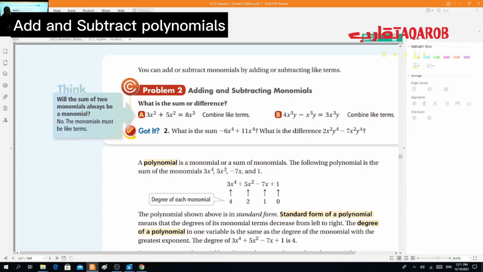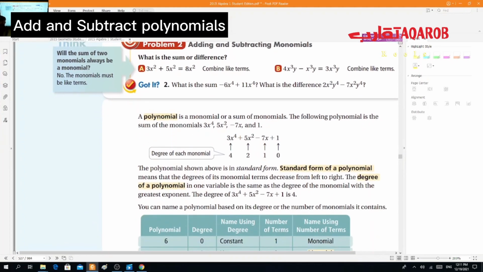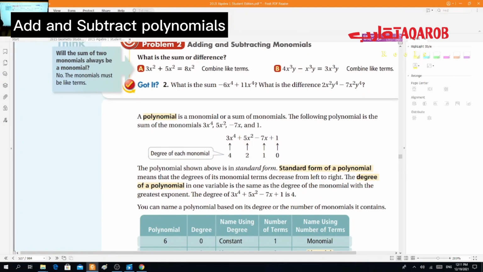If you remember, like terms are terms that have the same variable raised to the same power. For example, 3x to the power 2 plus 5x to the power 2. They are two monomials and they are like terms, so I can add them easily.